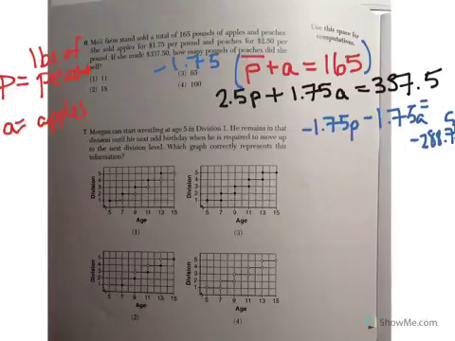And underneath, the other equation did not change, so you're still just adding the 2.5p plus 1.75a equals 337.5.